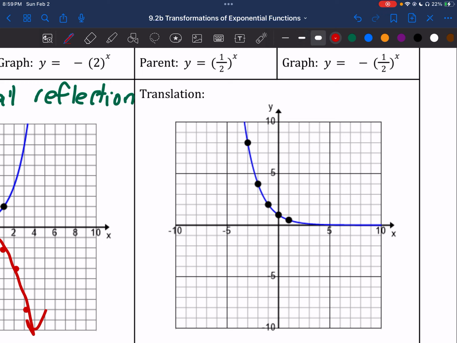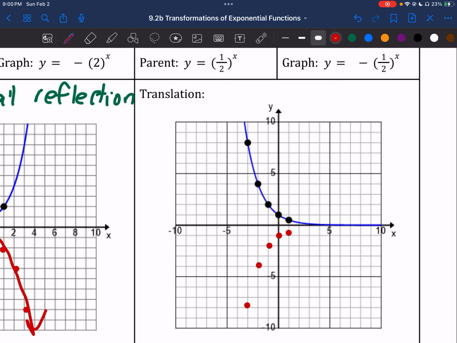So I'll put my point in down there. Negative 2, 4 is going to now be negative 2, negative 4. Negative 1, 2 becomes negative 1, negative 2. 0, 1 is now 0, negative 1. 1, 1/2 is now 1, negative 1/2.